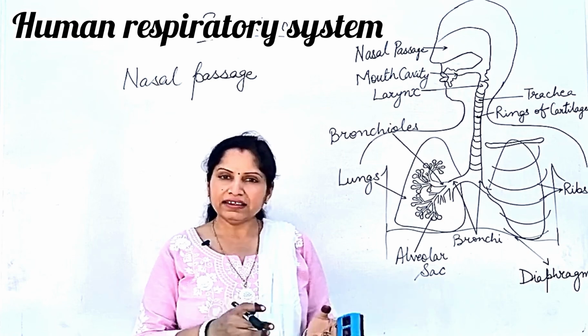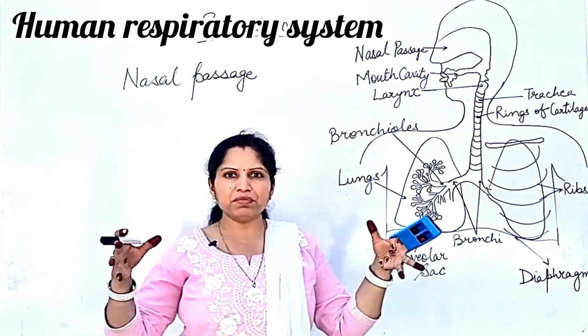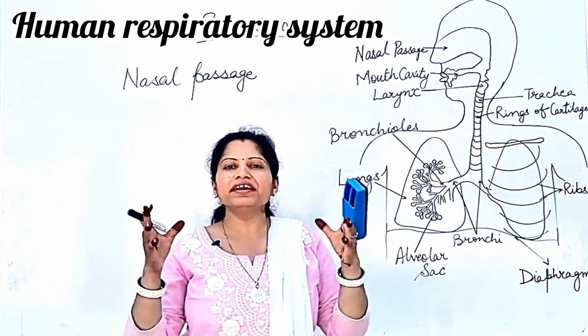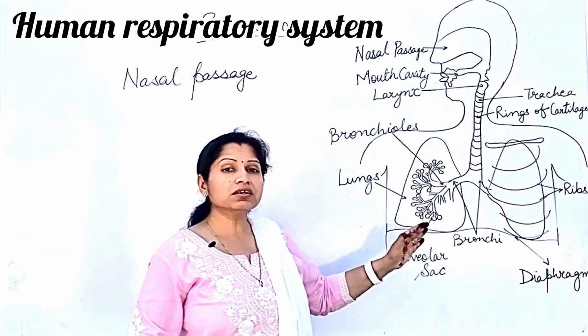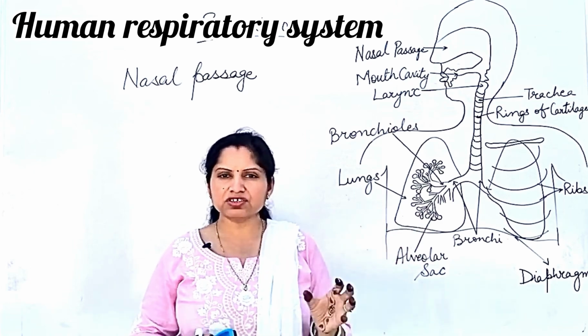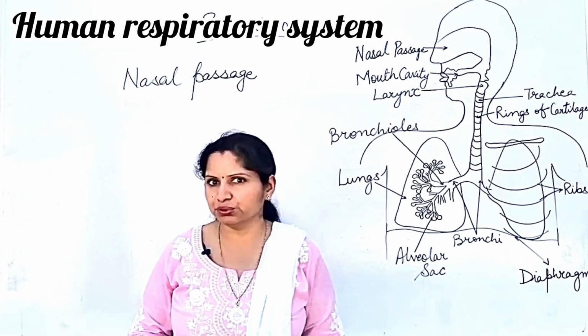In the lungs, once the bronchi enter, they divide many times. They keep on dividing and dividing, and that forms the bronchioles. After many divisions, some tubes are formed, and those tubes are known as bronchioles.